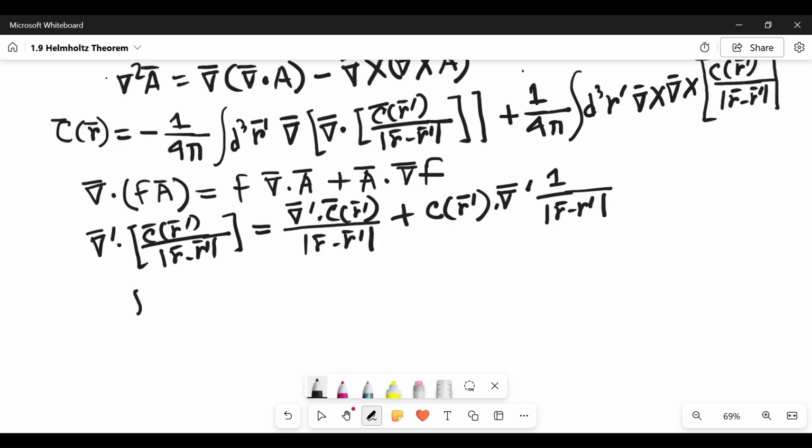And if there is a function of modulus of r minus r prime, there is a shifting property for it, which is the gradient in non-primed coordinate of the function f will be equal to minus of the gradient in prime coordinate of function f.